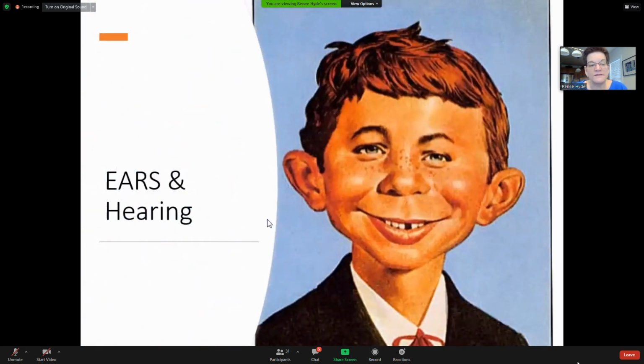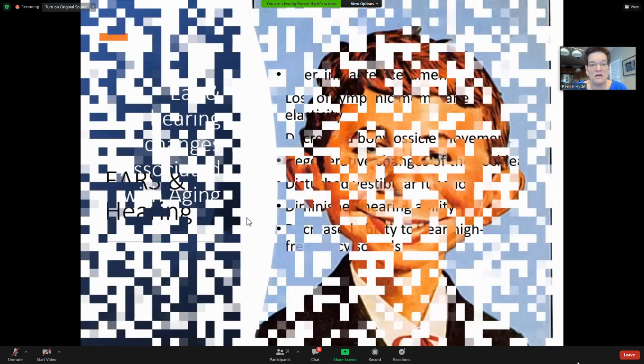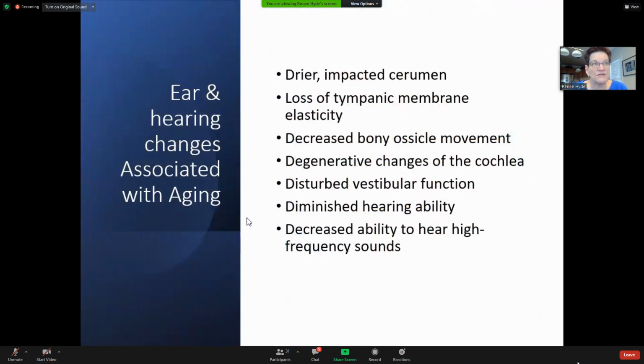All right, so let's move on to ears and hearing. Just a few changes that I want you to know about related to aging. As we age, our cerumen or earwax becomes drier, and it more likely impacts or occludes our ear canal.